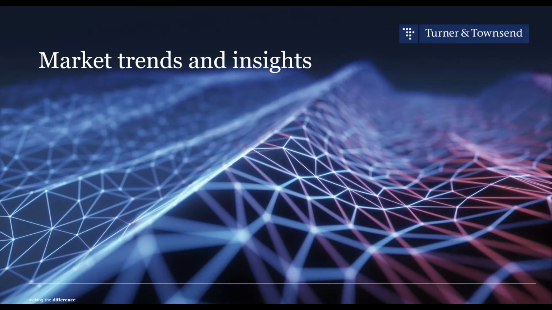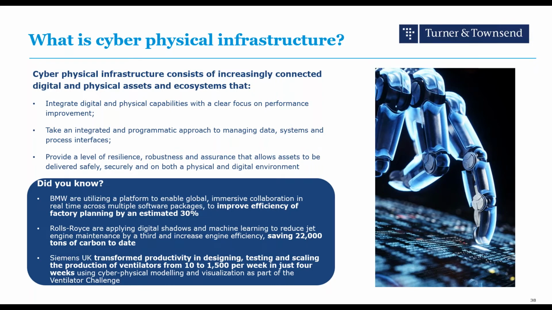In terms of the trends and insights that we see in the market, a working definition, and it welcomes some debate. We do see that connectivity, convergence, and integration are a big trend in cyber physical infrastructure, not just the coming together of cyber and physical, but also the working together and the weaving together of these 2 versions of the same thing. We see that it consists of increasingly connected assets and ecosystems right down the supply chain, whether they be machine-to-machine trading capabilities at tier 3, tier 4.